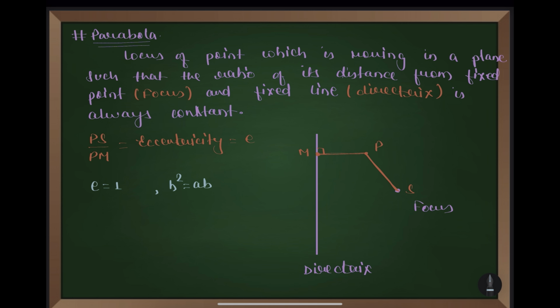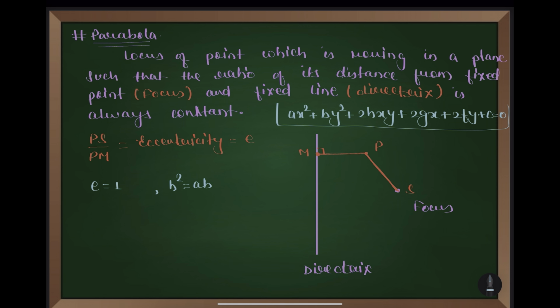Means ratio is 1 and h, you know, from the 2 degree general equation, it was ax square plus by square plus 2hxy plus 2gx plus 2fy plus c equals to 0.